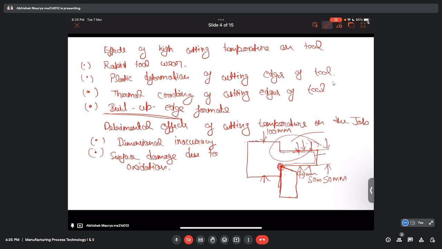And one more detrimental effect is the induction of tensile residual stresses.